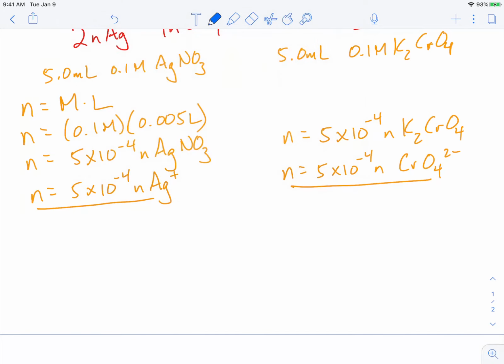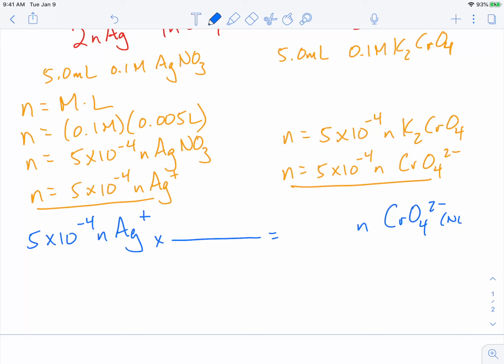So we could say, if I have 5 times 10 to the minus 4th moles of silver ions, how many moles of chromate ions would we need? We calculated how many we have, and we know that's more than we need. It's in excess, but we can calculate how many moles of chromate ions we would actually need.